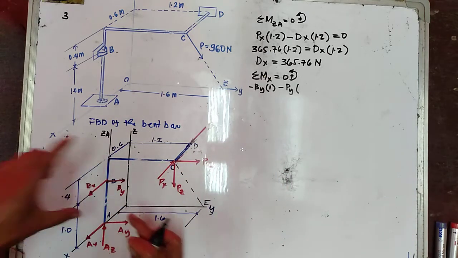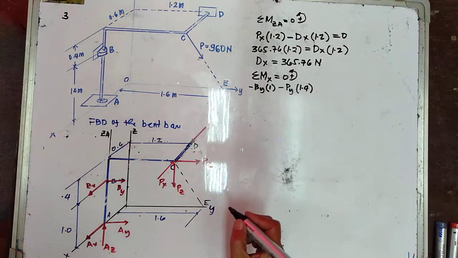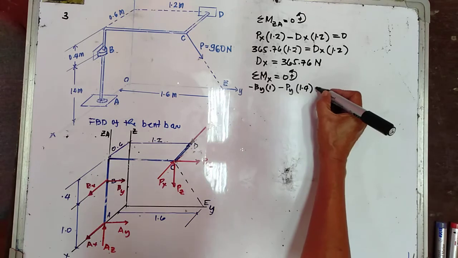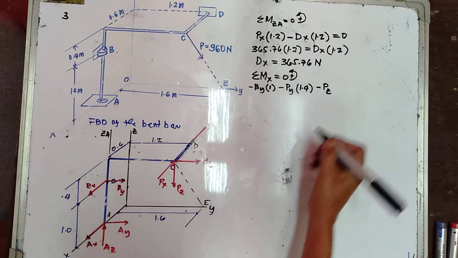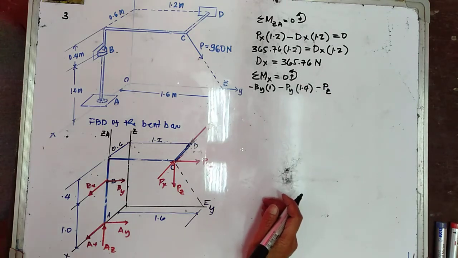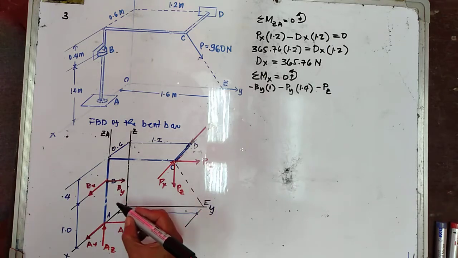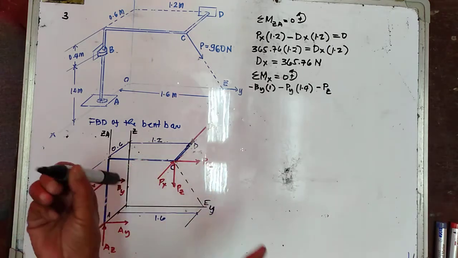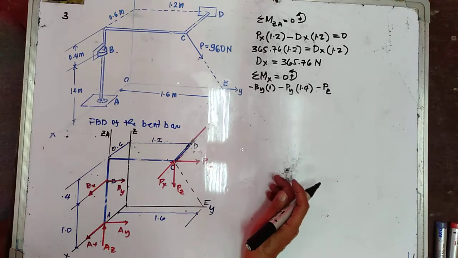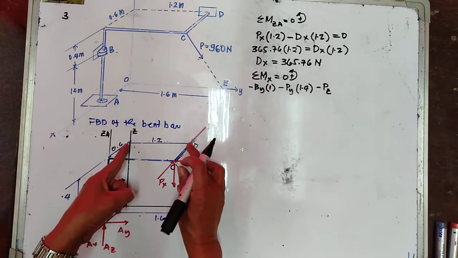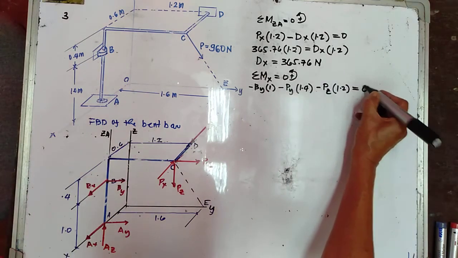The moment arm is 1.4. Another is your pz. So minus pz. And the moment arm of pz, that is going counterclockwise about the x-axis. And the moment arm is 1.2. So it is 1.2. And that one is equal to 0.